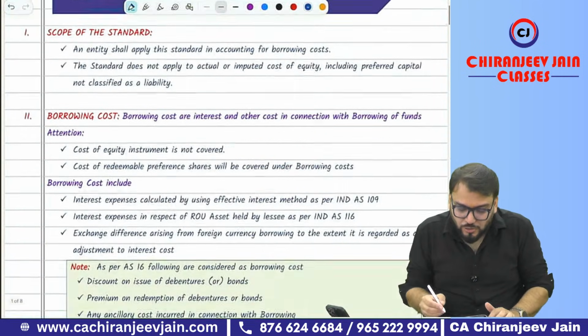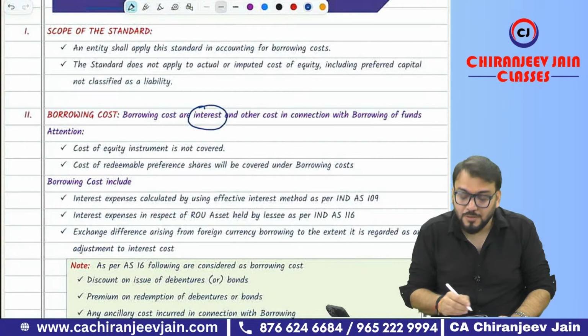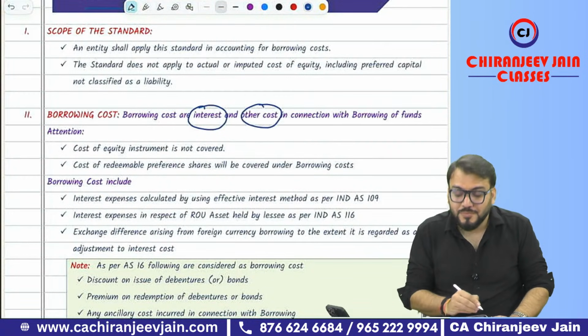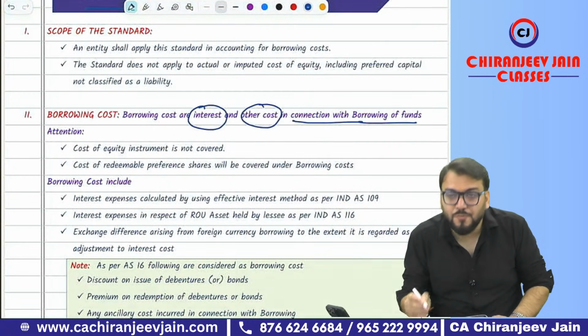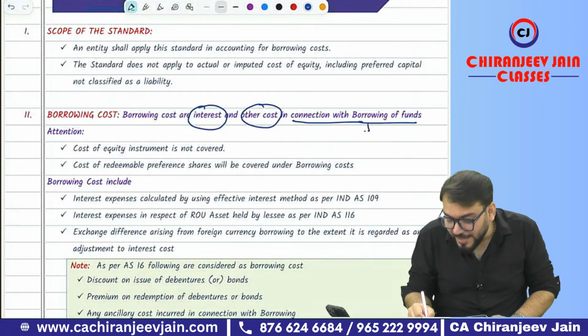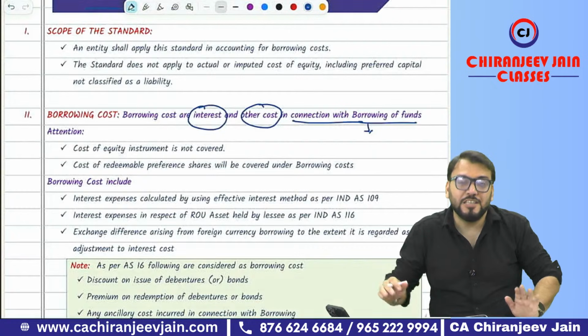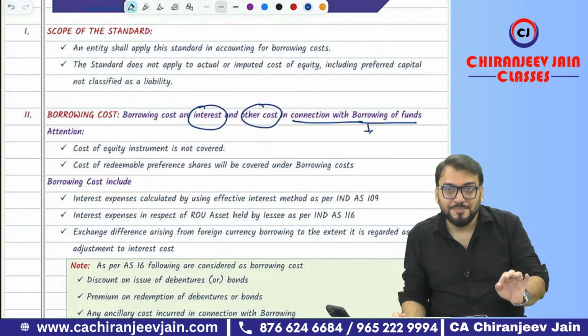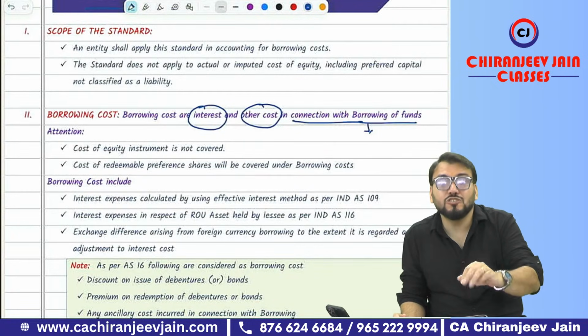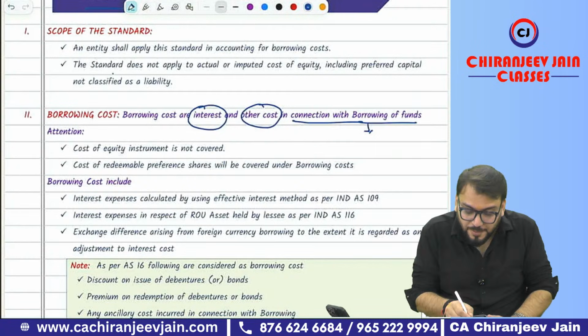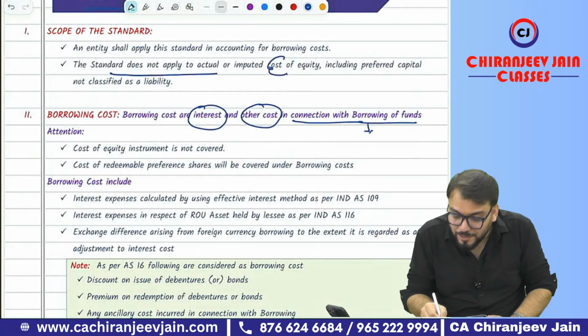Borrowing costs are interest or any other cost in connection with the borrowing of funds. This borrowing can be long-term or short-term borrowing of any nature. However, this will not include any cost of equity. So this chapter does not include the cost of equity.